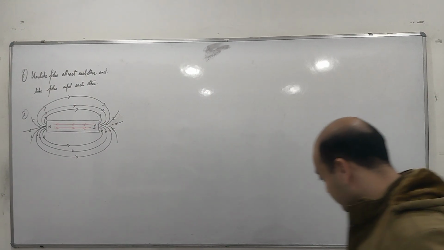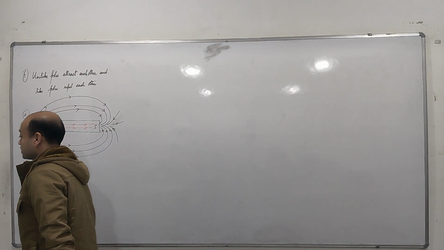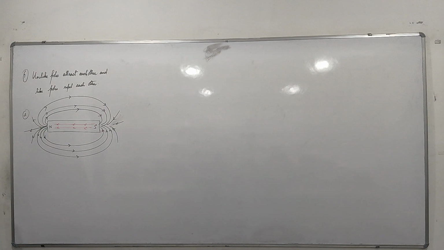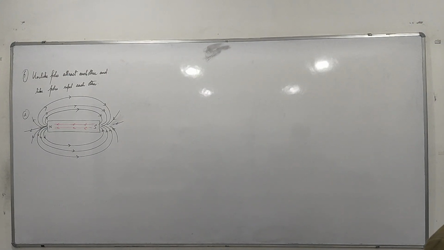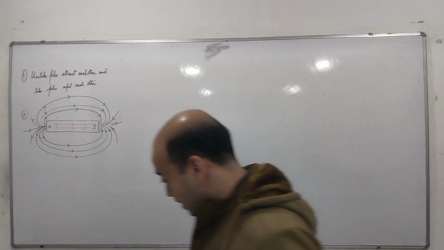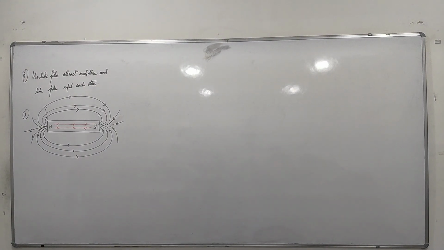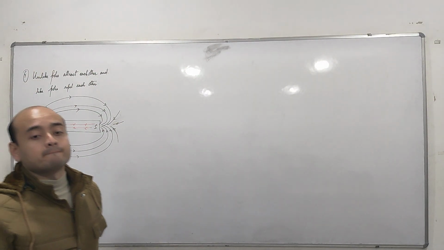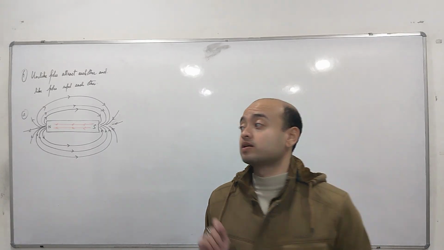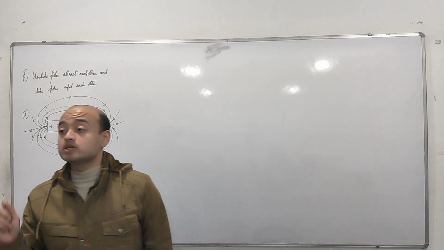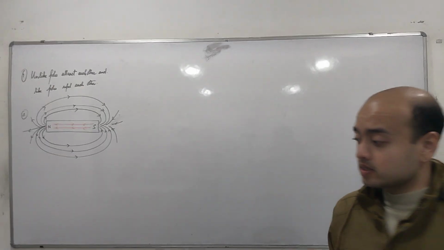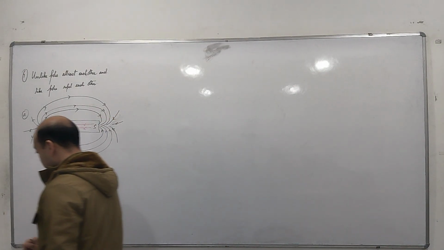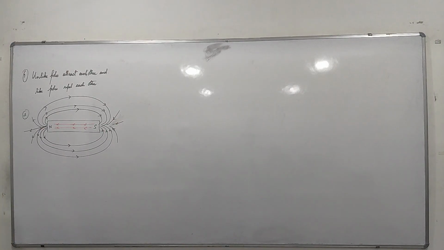But in the middle of the magnet, the field lines contract, which decreases the magnetic field, which decreases the magnetic pull. Okay.